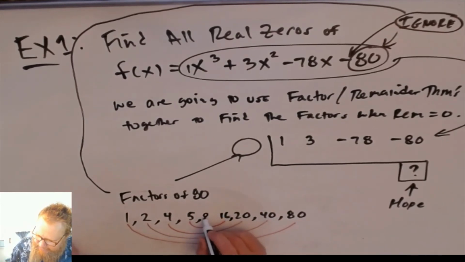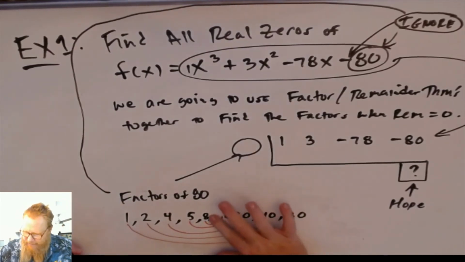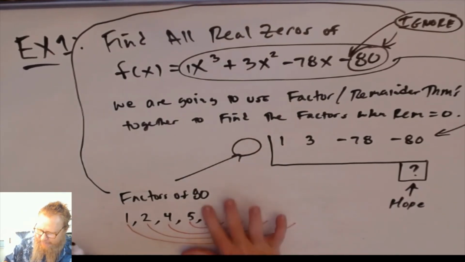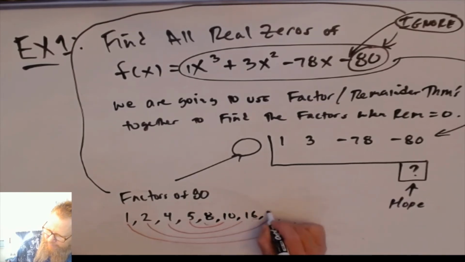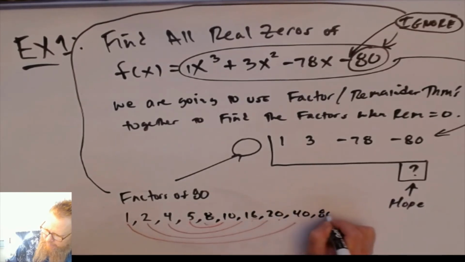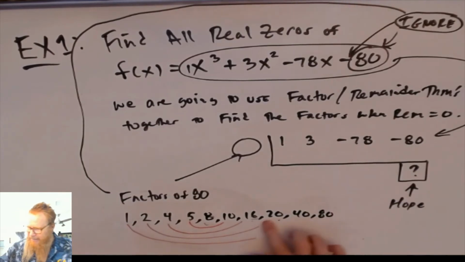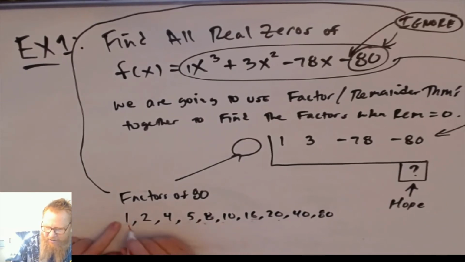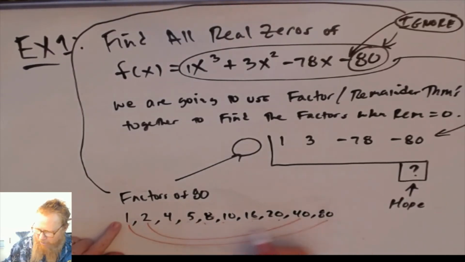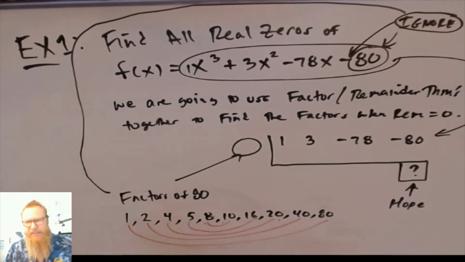And then 8 and 10. So I had to squeeze in a few extras here. See, I missed a couple. And I'm glad I did this because I would have never noticed that I missed a couple. You should always have pairs. 1 and 80, 2 and 40, 4 times 20, 5 times 16, and then 8 times 10. I think that's all. If you can think of another factor of 80, then we'll try it.